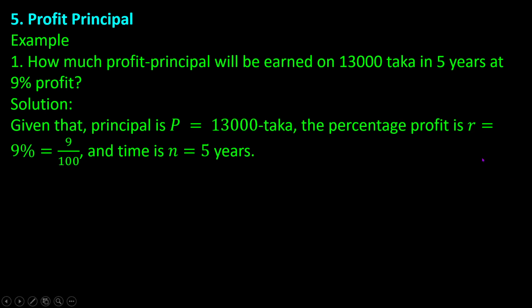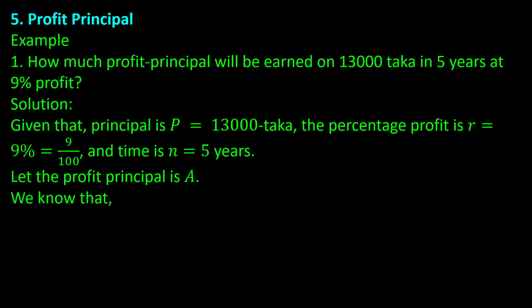Since we have to find out the profit principal, we consider the profit principal to be A. The relation among A, P, N, and R is A equals P times (1 plus NR).